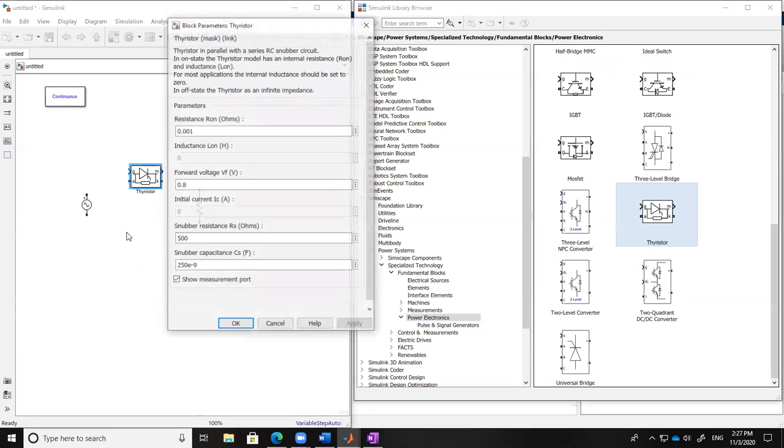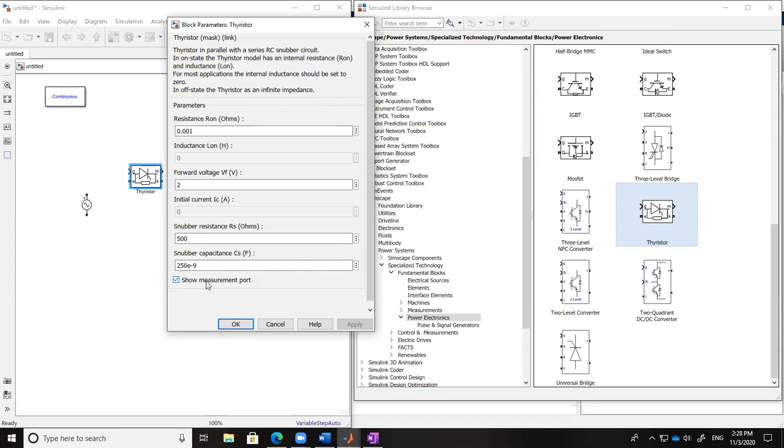And then double click on the thyristor. Here you have the on-state resistance. We keep it to 0.001. Forward voltage should be set to 2 volt. Practically it is 2 volt normally, right? Snubber resistance we will keep as it is unless we have a clear understanding of snubbers.